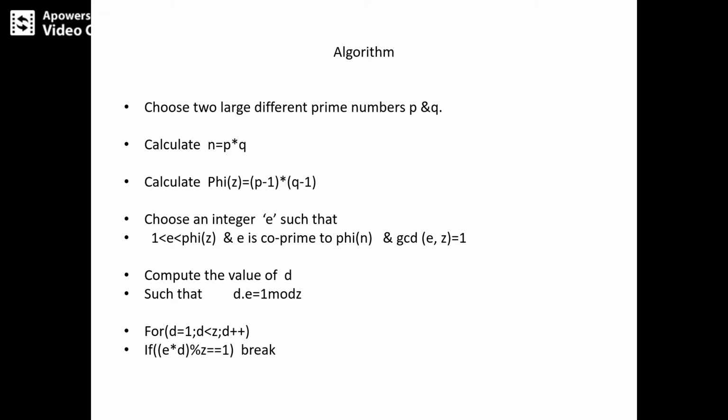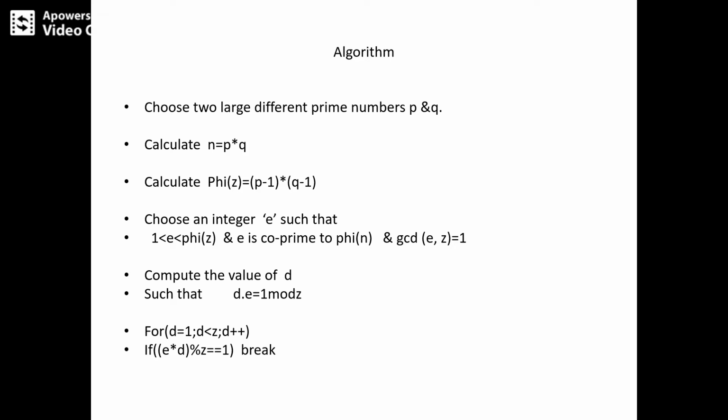One more condition is that whenever e times d mod z equals 1, we break, and the answer is the d value. Whenever this value equals 1, we consider that d value to be the private key.